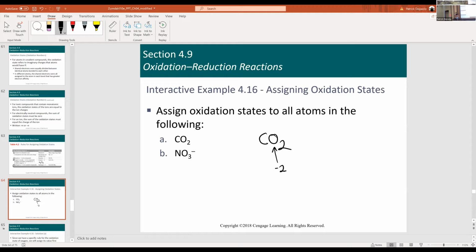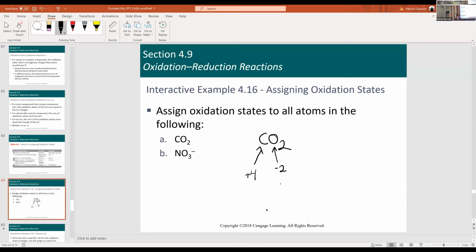So I just write whatever the oxidation state is of that element underneath it. Now, if that's the case, what's the oxidation state for carbon? Perfect, +4. Because you have 2 oxygens, each one's -2. To cancel that out, you have +4.